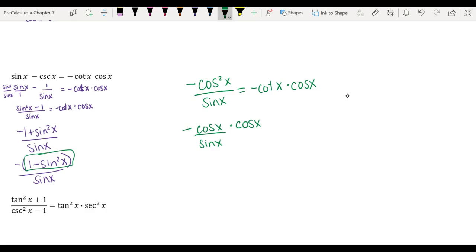That one of the cosines is by itself, and the other one can be changed to just cos over sine. Well, cos over sine is this cotangent, correct? So then we have negative cotangent of x times cosine of x equals negative cotangent of x times cosine of x.